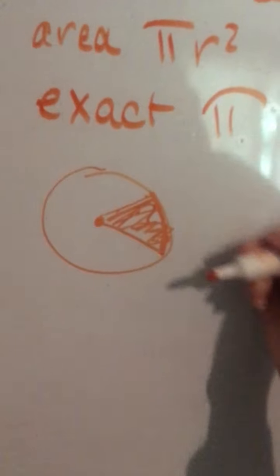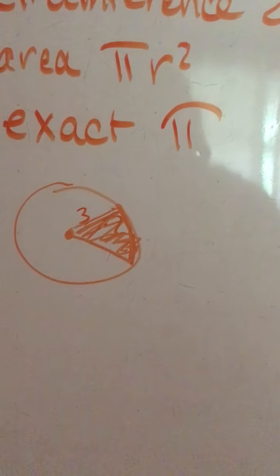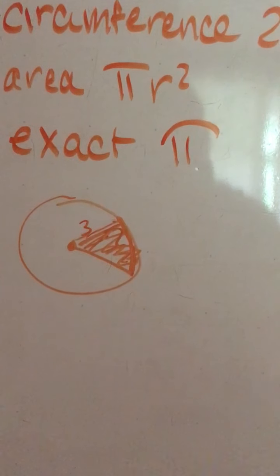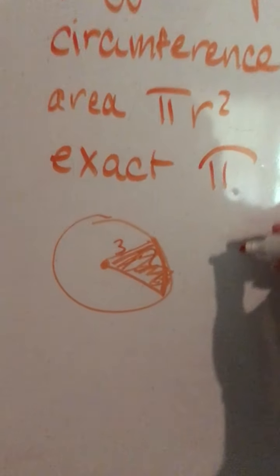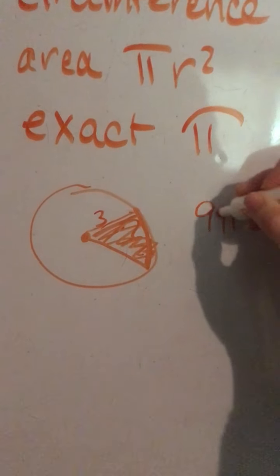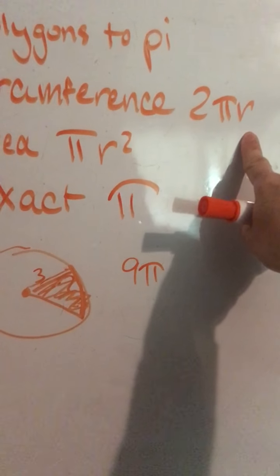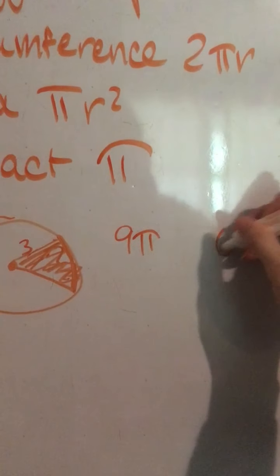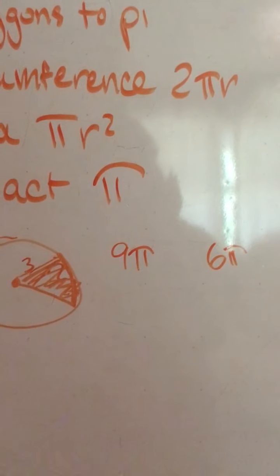So if I know that this pie piece has a radius of 3, then I can find the area of the circle pretty easily, right? Area of the circle is just pi r squared, so the area is going to be 9 pi for the whole circle. The circumference is 2 pi r, so my circumference is going to be 6 pi for the whole thing.